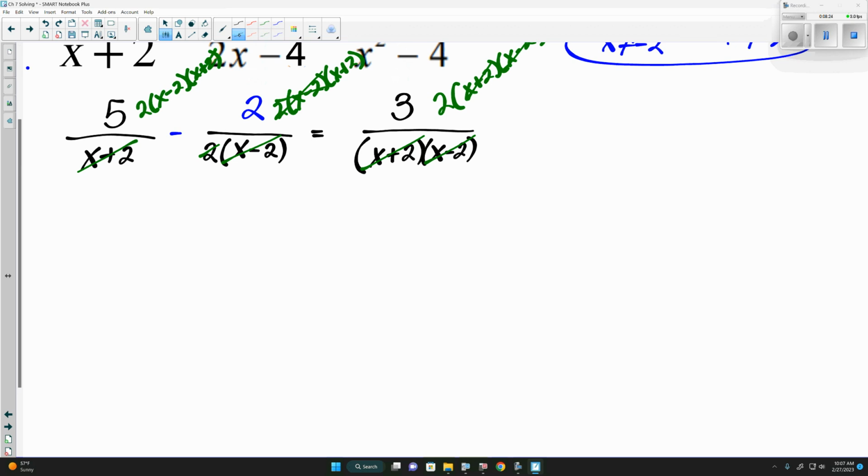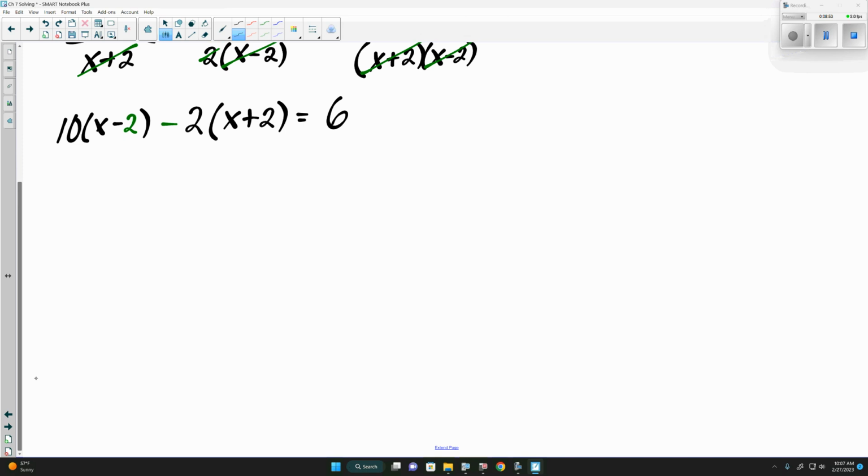In our first one, we have 5 times 2, which is 10, and then we have our x minus 2. Minus 2 times x plus 2 is equal to 3 times 2. We're going to come back to a little point we'll look at later.